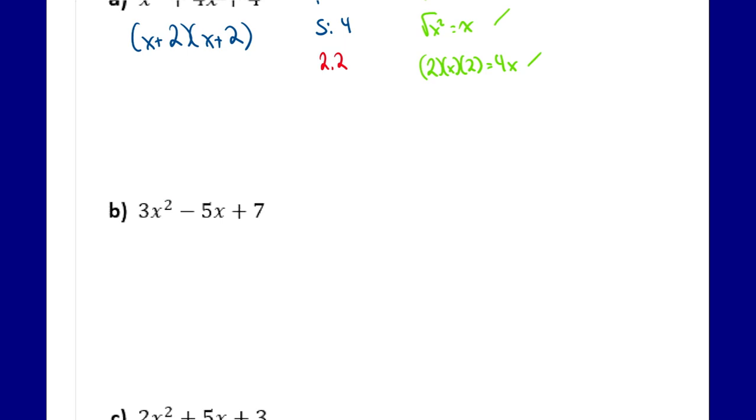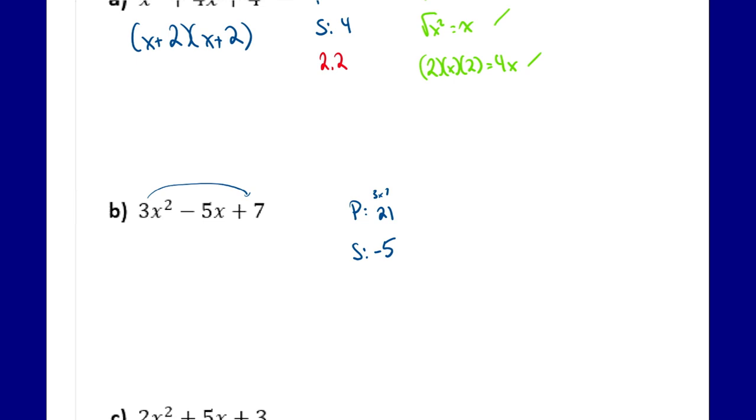The next one, 3x squared minus 5x plus 7. So again, complex trinomial. We're looking for two numbers that multiply to 3 times 7, or 21, and those same numbers have to add to negative 5. Can we think of any numbers that multiply to 21 but add to negative 5?